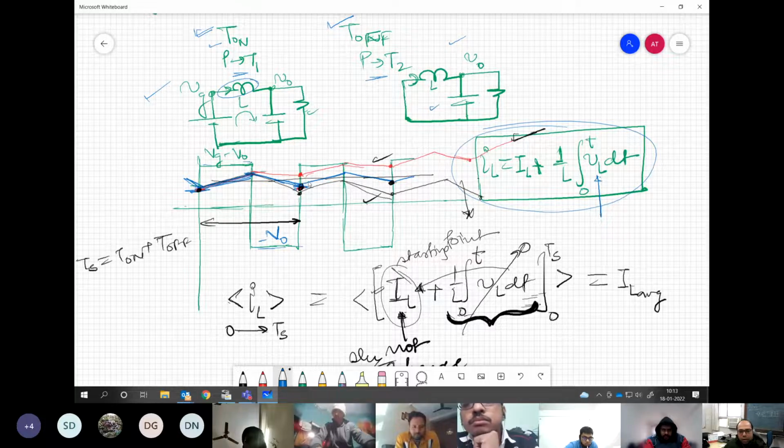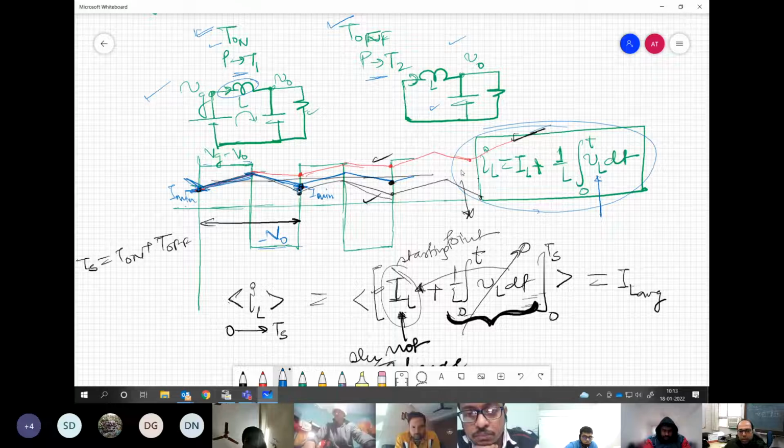Now, when we want to have steady state operation, what we basically require is that if the inductor current is starting at any point, let's say at I min, at the end of the switching cycle it must come back at the same point I min. If it is not coming back, then eventually either the current will go very high or it will drop down to zero.